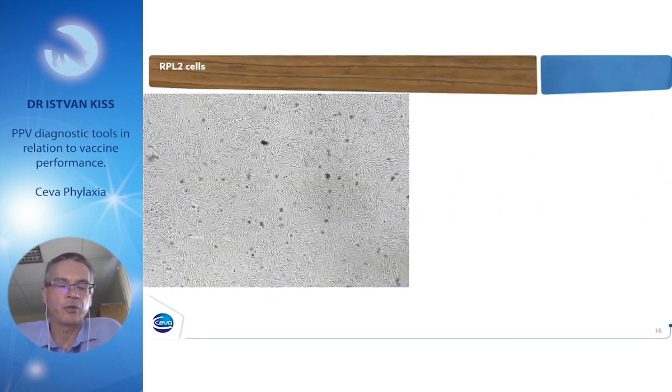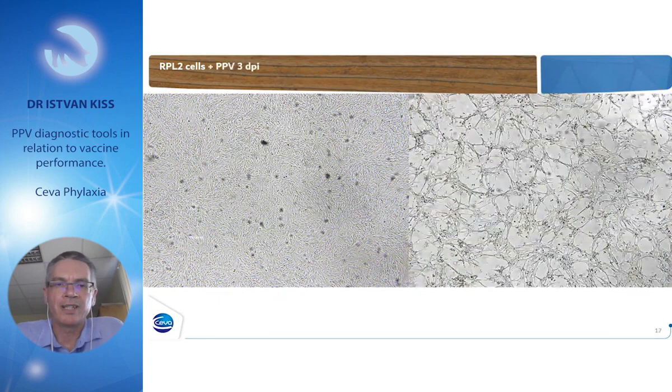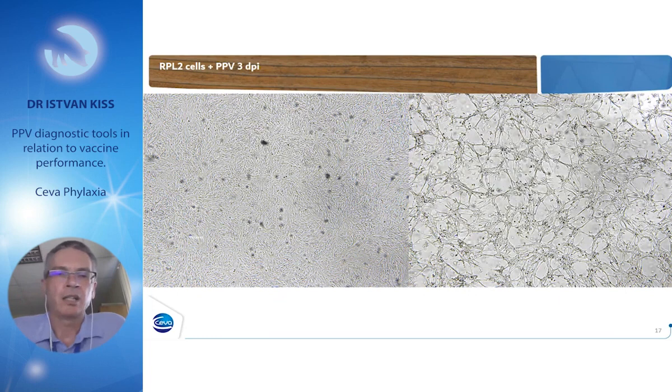And now I would like to show you two pictures. This is a control cell, RPL2 cells. This is a swine kidney cell line. You can see just 3 days after, the CPE, so it is just destroying the layer of the cells.